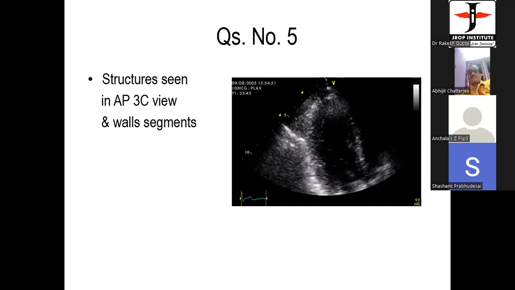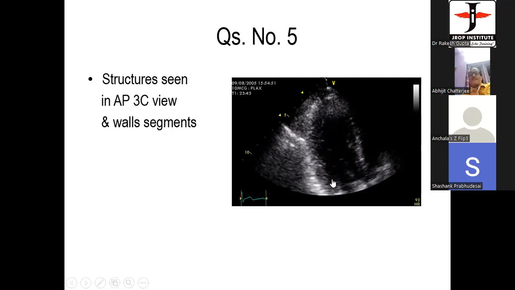The LV, the OT. LVOT is a part of the LV. So other than LV, what other chamber can you see? The RV, sir. What else? Can you see any valve? Aortic valve and mitral valve.